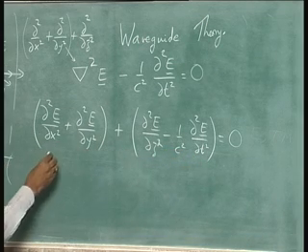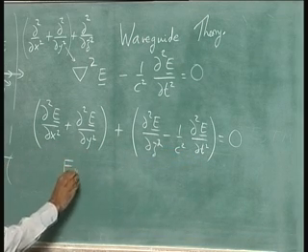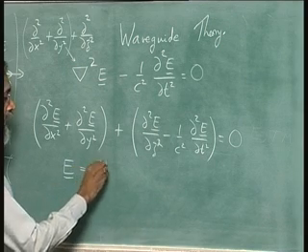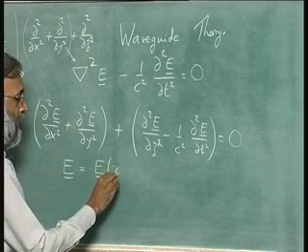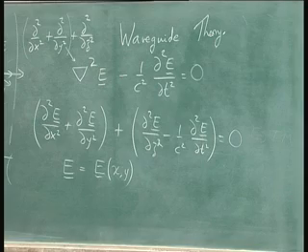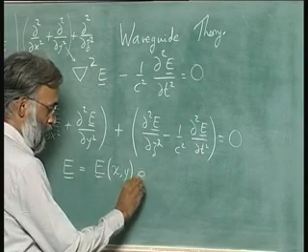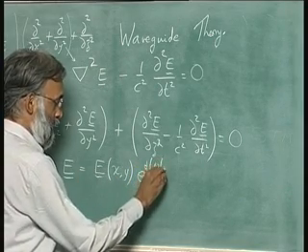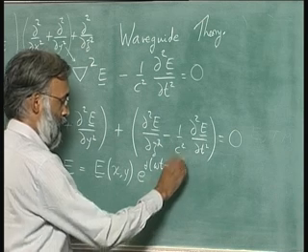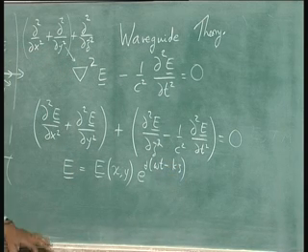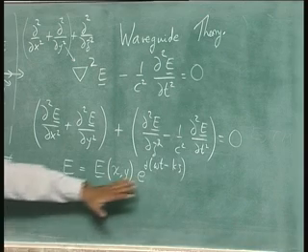So, I write the electric field as some vector which depends on x and y alone times e to the j(ωt minus kz). This is perfectly reasonable.